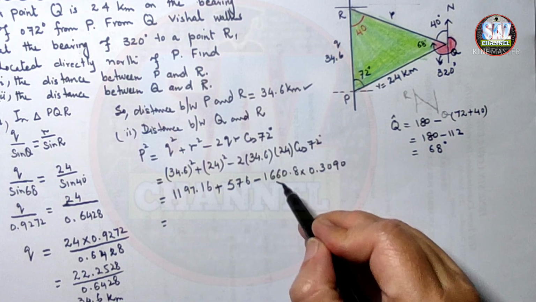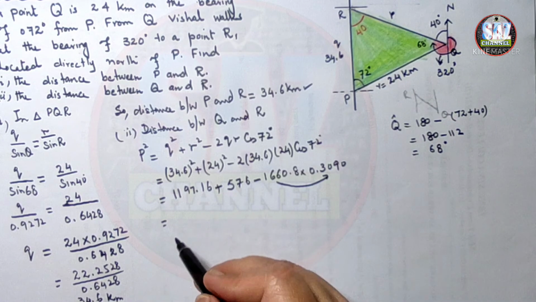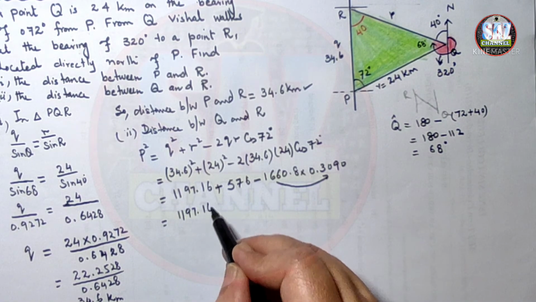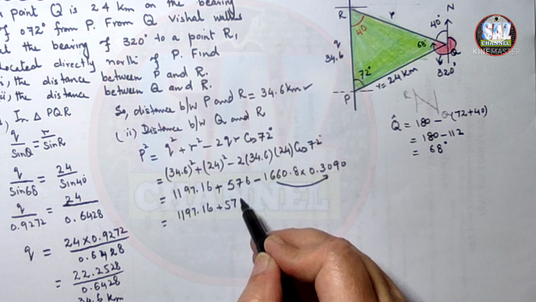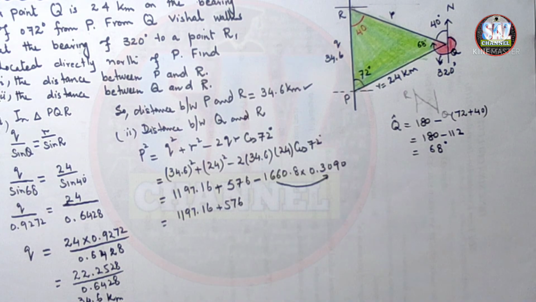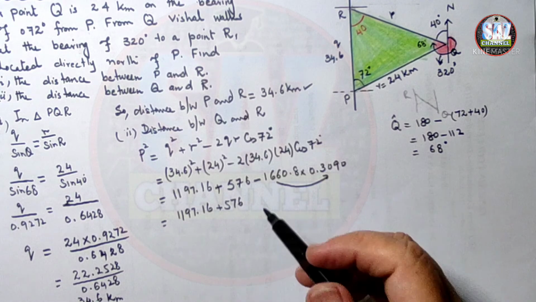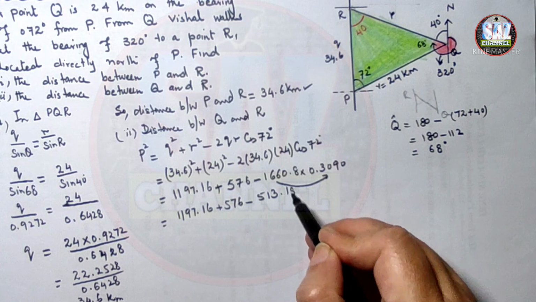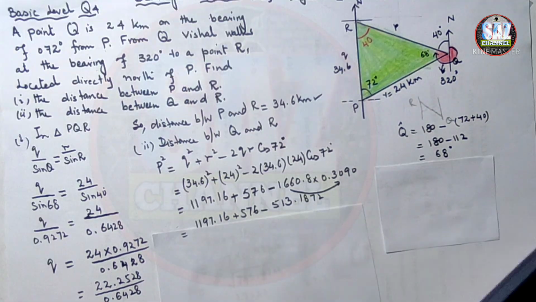First multiply these two values, 0.3090 multiplied by 1660.8, and this is 513.1872.